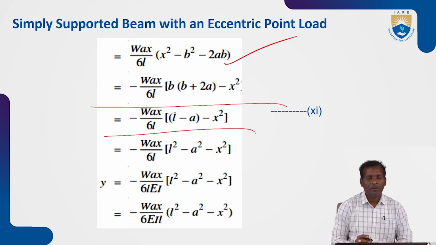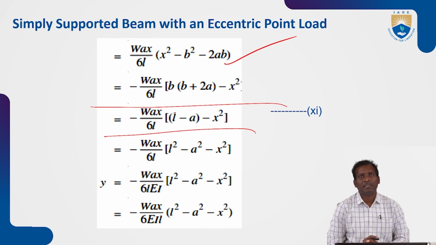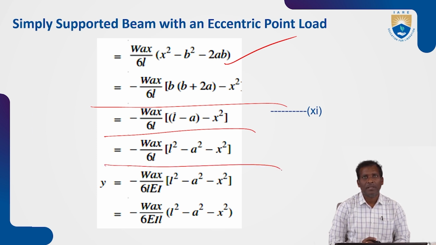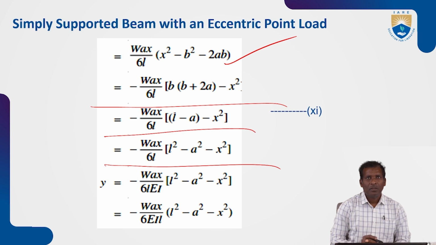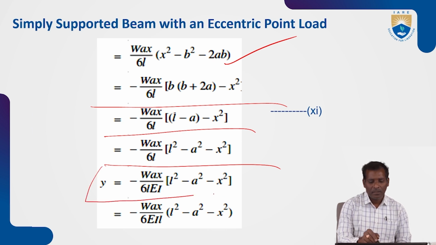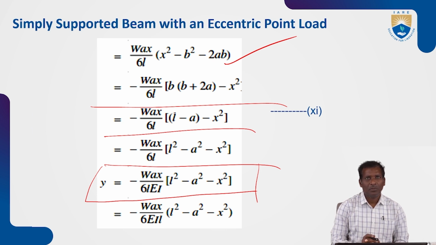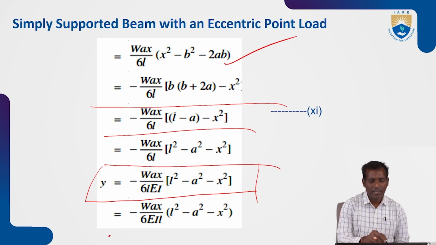You will get minus W A X by 6L into L minus A minus X square, which is W A X by 6L into L square minus A square minus X square. So finally you will get the Y value as W A X by 6EIL into L square minus A square minus X square.